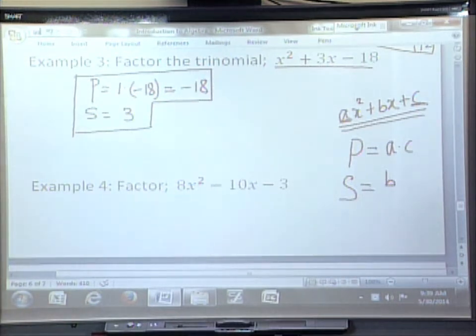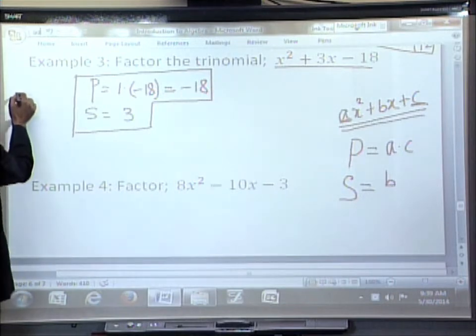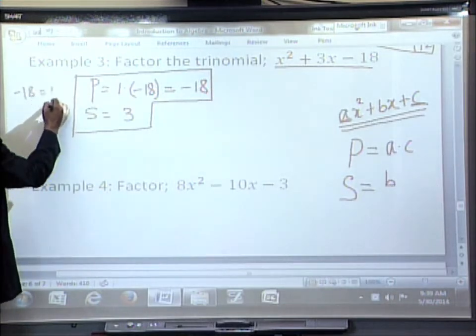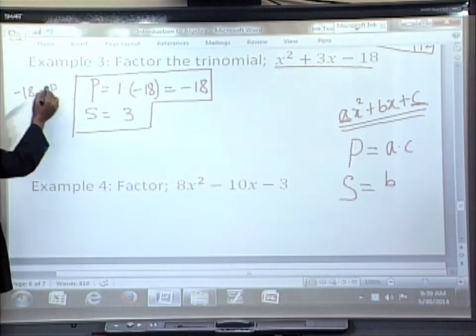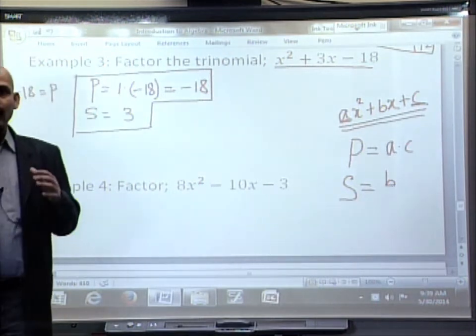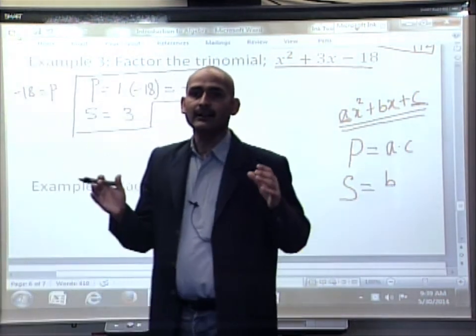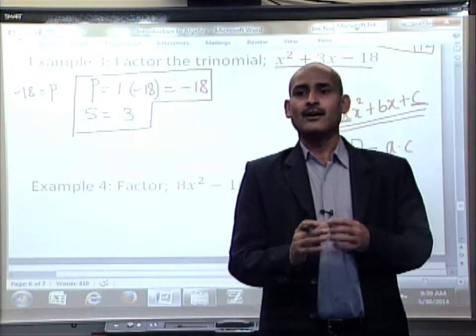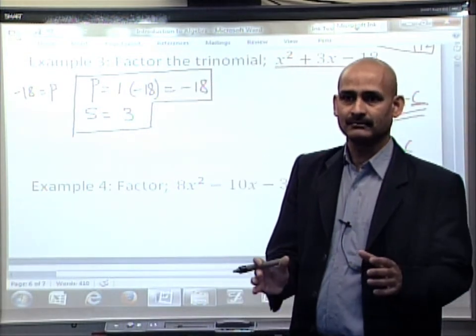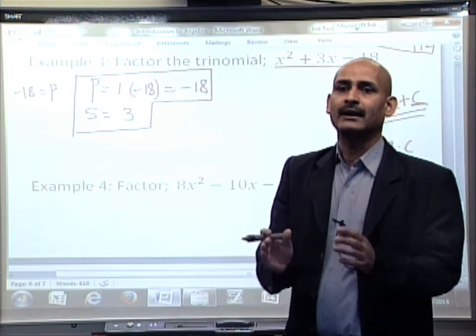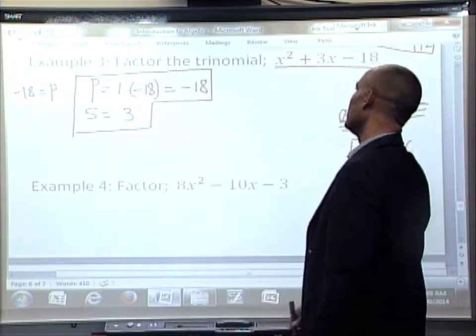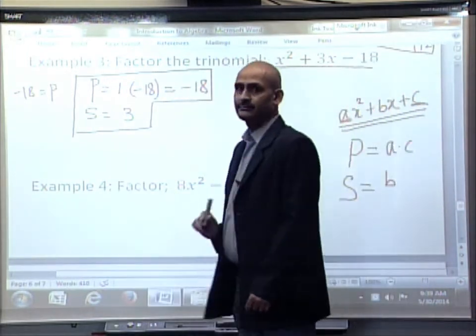Now this product is negative 18. What we do with this product is we think of all different factorings of negative 18 so that the sum of the factors equals 3.